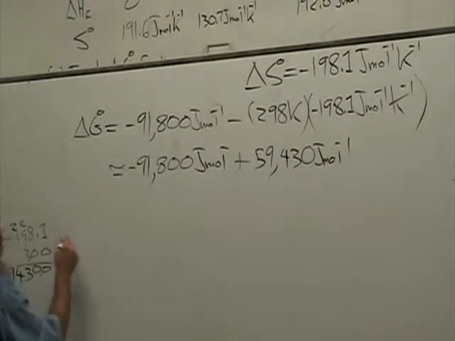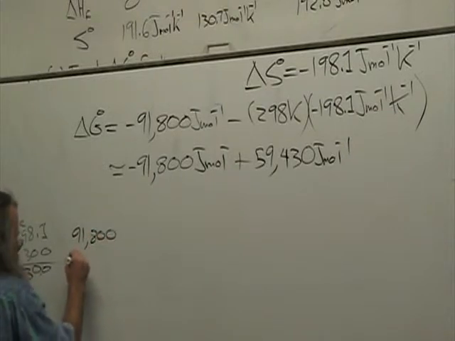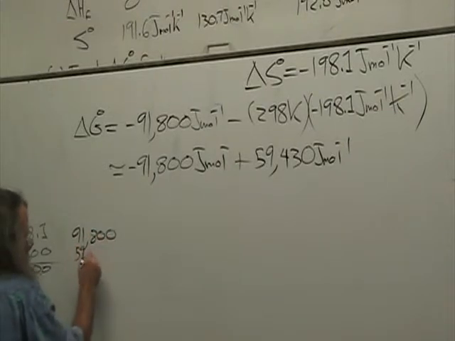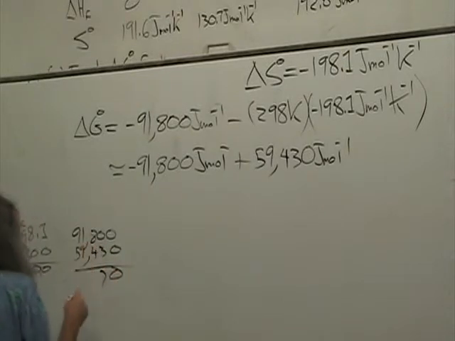And then I just have to do 91,800 minus 59,430. 7 subtract 4 is 3, 11 subtract 9 is 2.